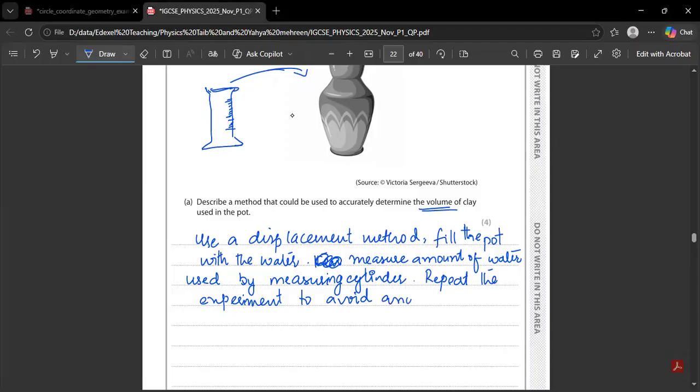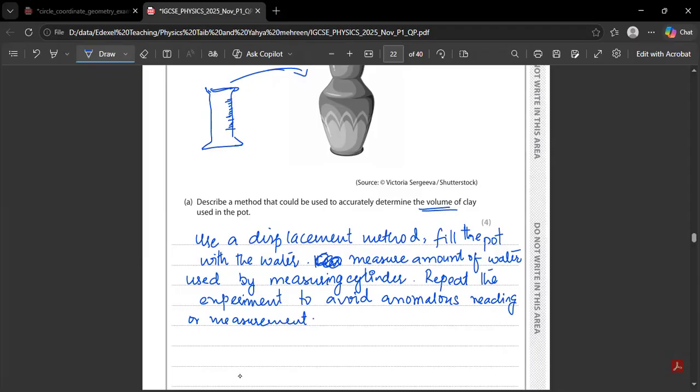To avoid anomalous readings or measurements. Okay, right?